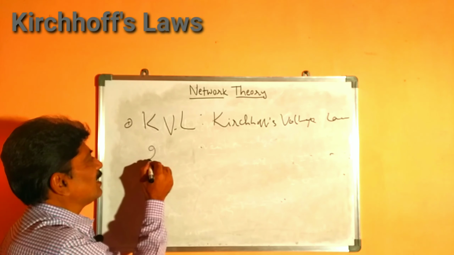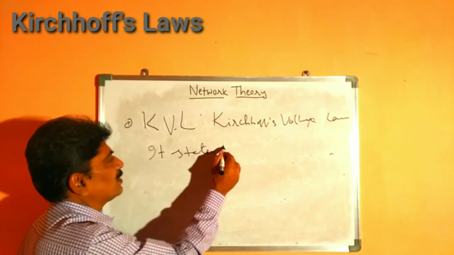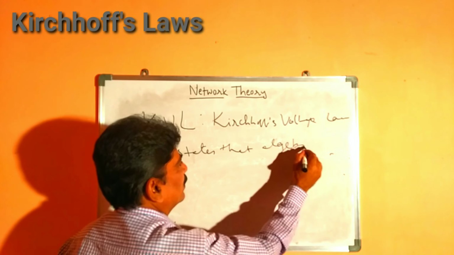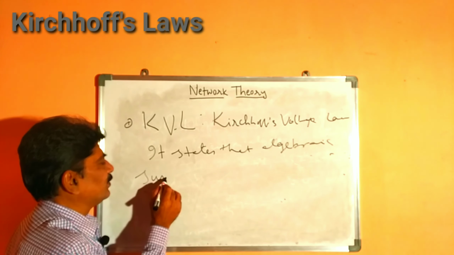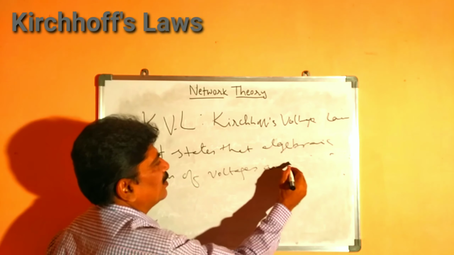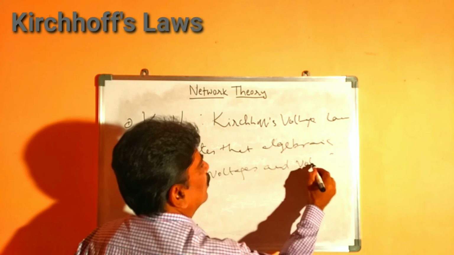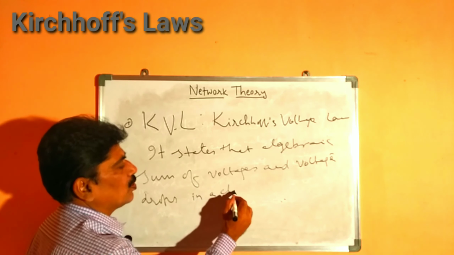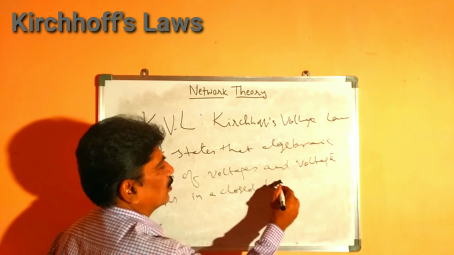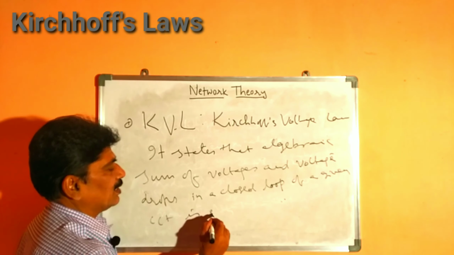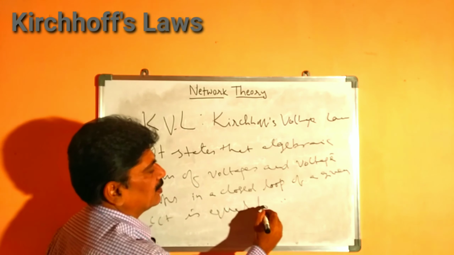The statement is, it states that the algebraic sum of voltages and voltage drops in a closed loop of a given circuit is equal to 0.